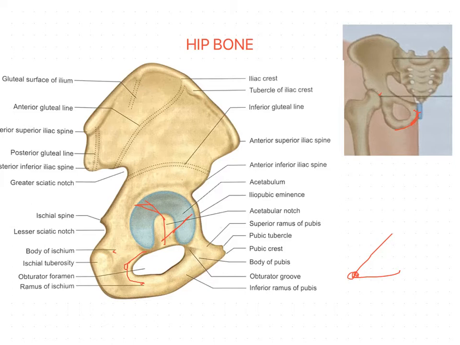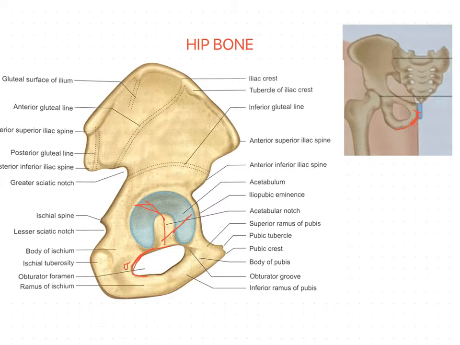Here you can see this is the posterior margin of the obturator foramen, which forms the anterior border of the body of the ischium.